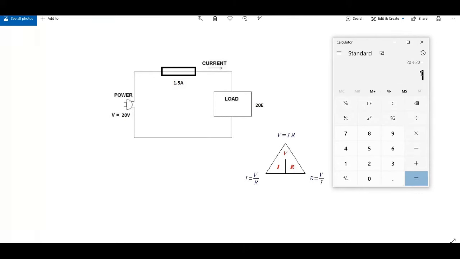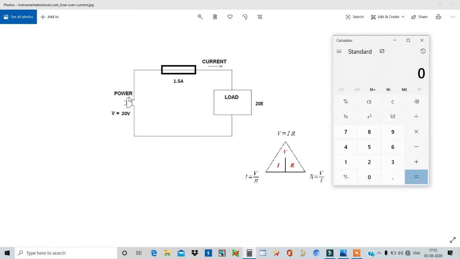So you will come to know the amps: 1 amp will pass through the cable. So 1 amp is going through the fuse, but the fuse value should be 1.5 amps, because only more than 1 amp should be kept as the fuse rating.